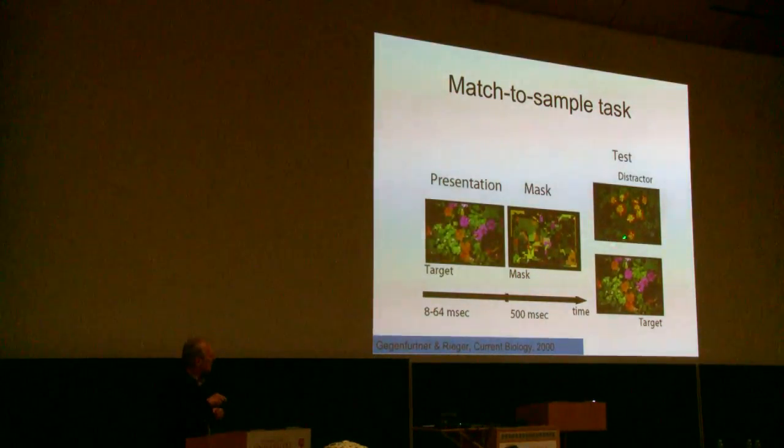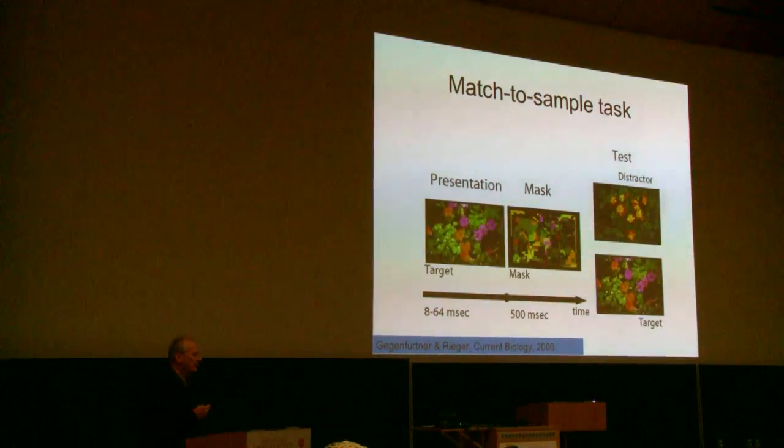And the observer simply has to say which one of the two is the target image. And the mask was chosen to be very similar in spatial and chromatic aspects to distractor and target, so it doesn't have any diagnostic information.